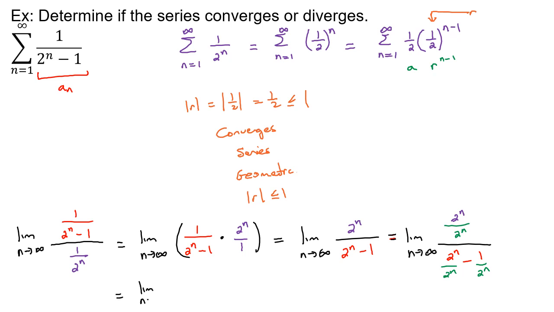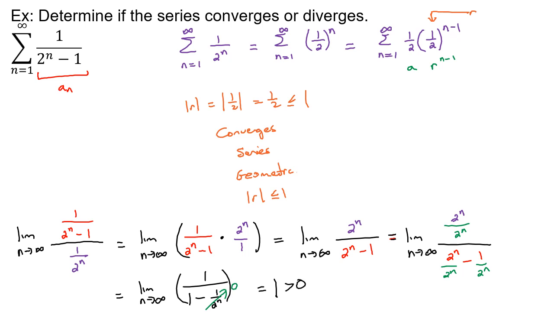That way what will happen is I'll just get 1 over 1 minus 1 over 2 to the n. And as you go to infinity, the 1 over 2 to the n will go to 0. And so we'll just get 1 divided by 1, which is greater than 0.